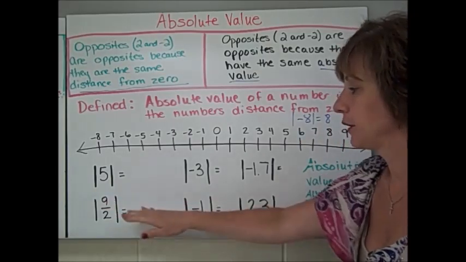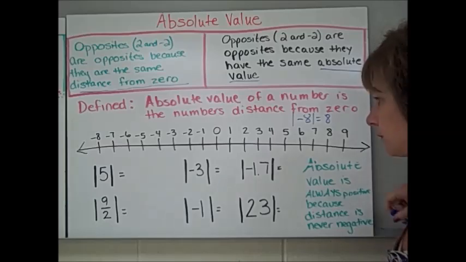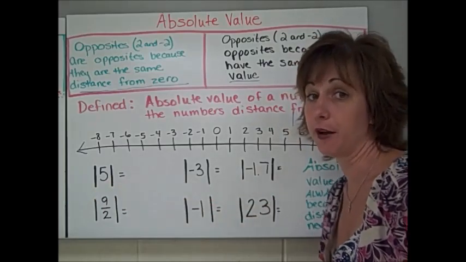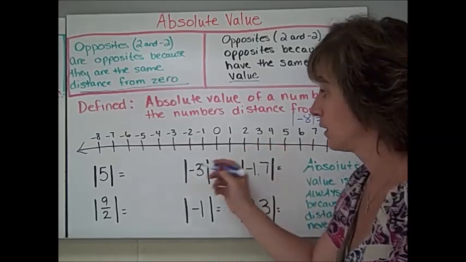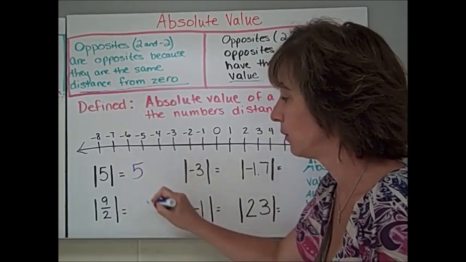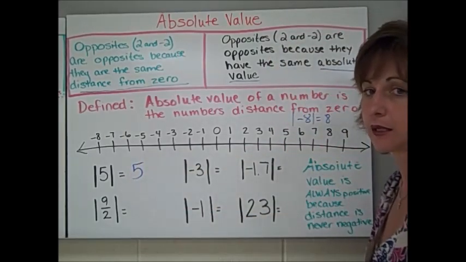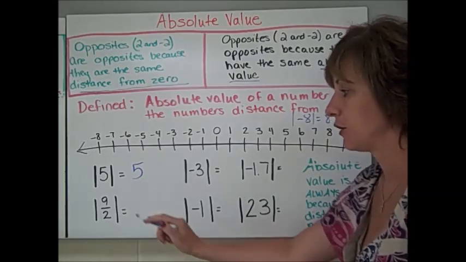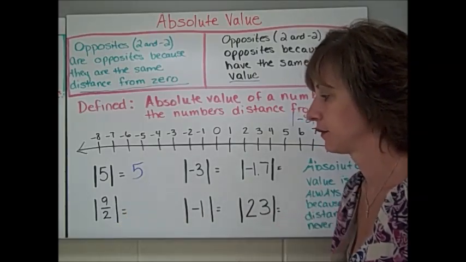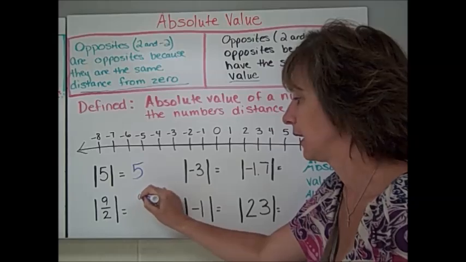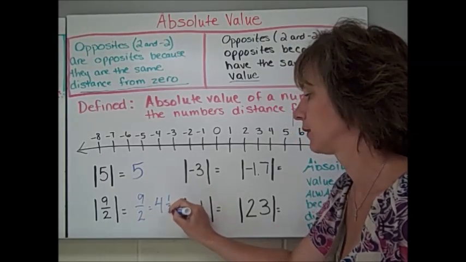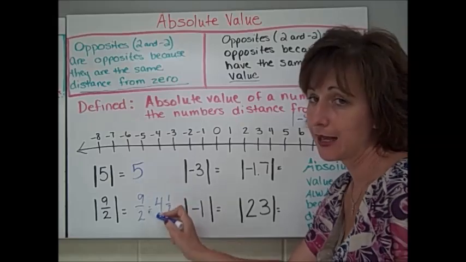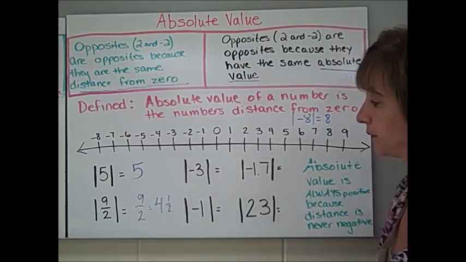Let's find the absolute value of our numbers here. The absolute value of 5 is 1, 2, 3, 4, 5, because it is 5 away from 0. The absolute value of 9/2 is 9/2, because 9/2 is that far away from 0.